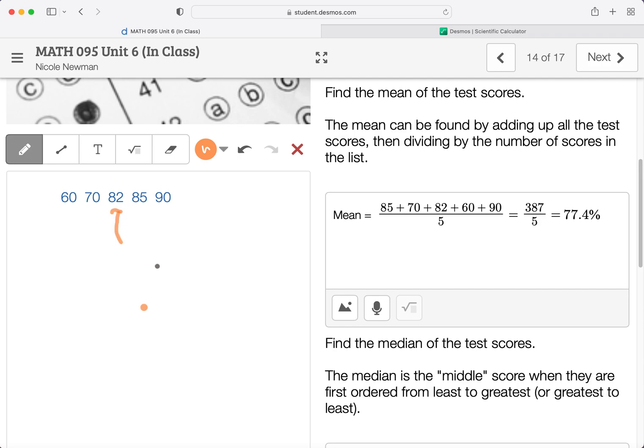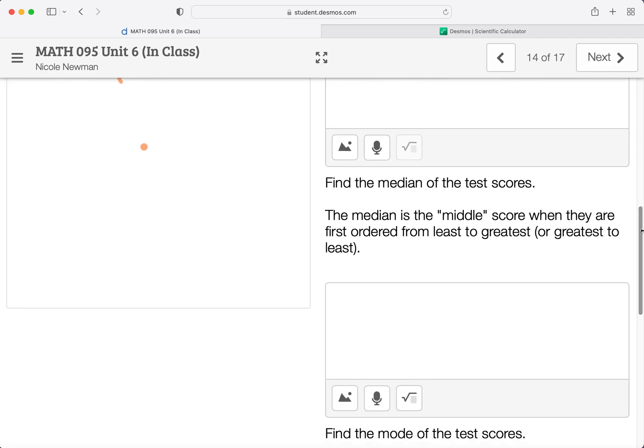If you are a slash type of person, you will slash through the 60 and the 90. Those are partners. The 70 and the 85 are partners. And then you'll notice this time we have exactly one item left over in the middle of the set, and it's 82. So that would be our median. There's a variety of ways to get there, but you do want to have things organized from least to greatest or greatest to least.